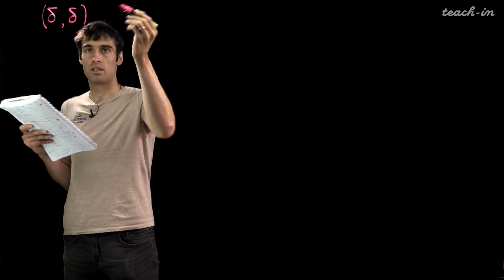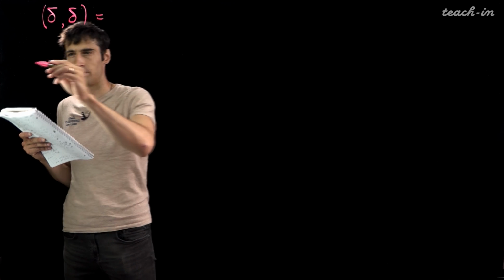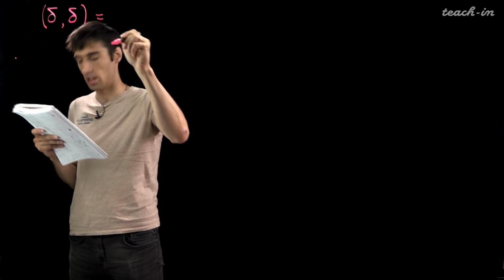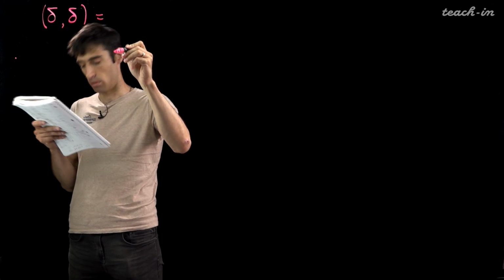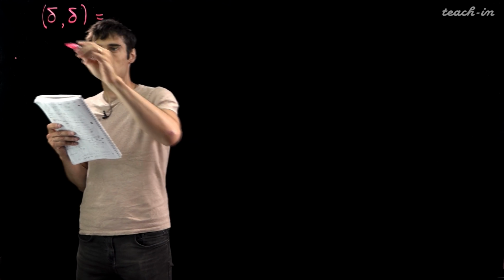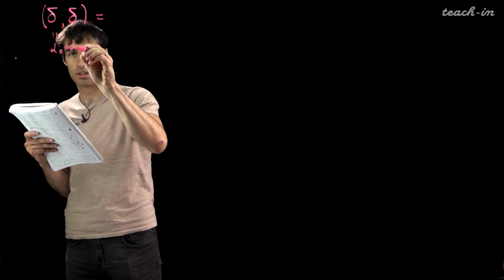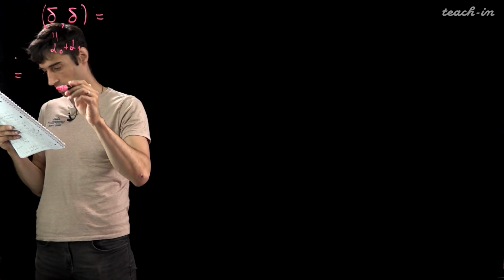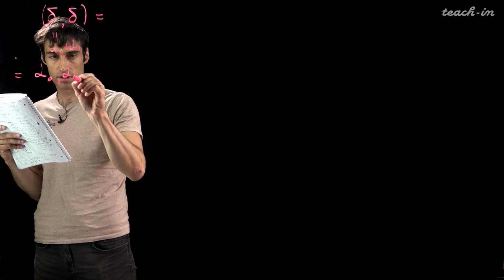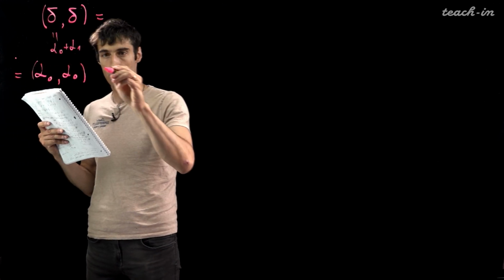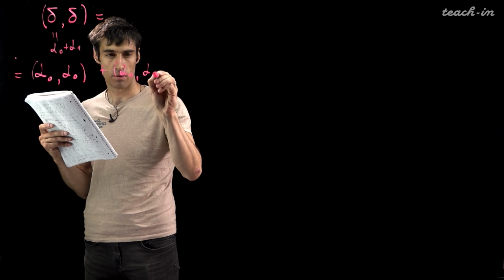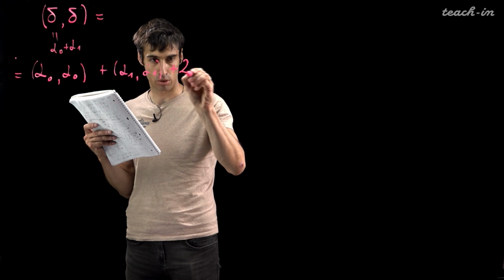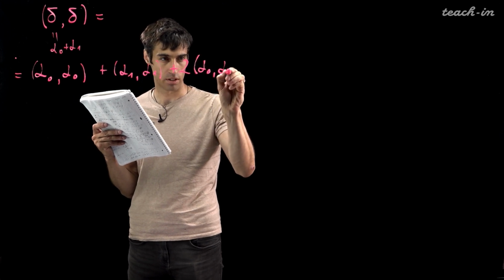Delta, and this you also can check, is actually alpha 0 plus alpha 1. So plugging it in gives me alpha 0 with alpha 0 plus alpha 1 with alpha 1 plus, of course, 2 alpha 0 with alpha 1.